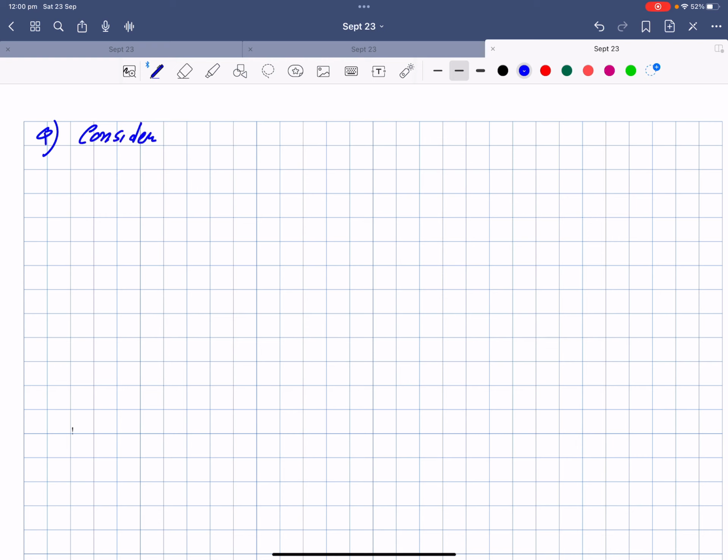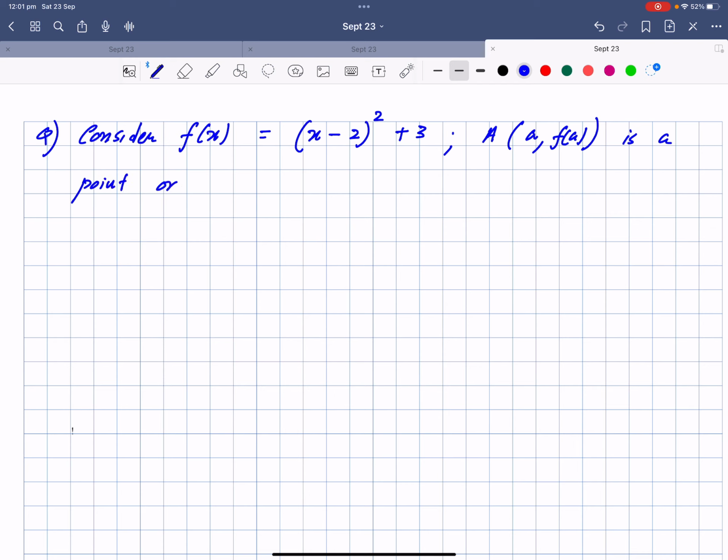Consider f(x) is equal to (x minus 2) squared plus 3. Right? Now, A, which is capital A, is the point (a, f(a)), a point on f(x).